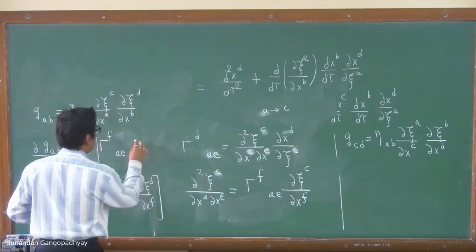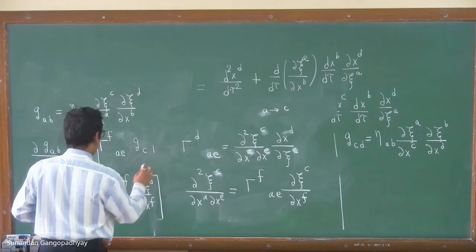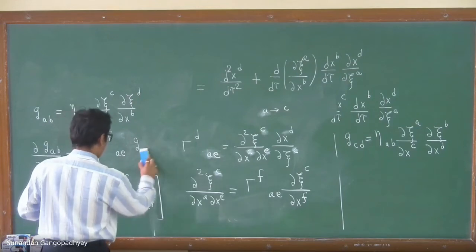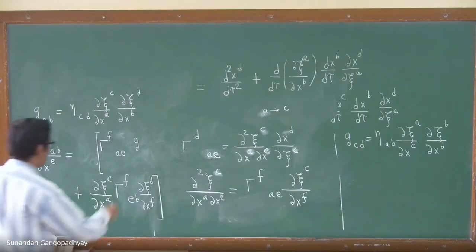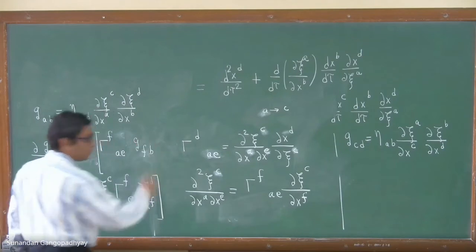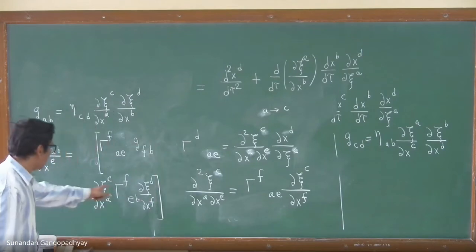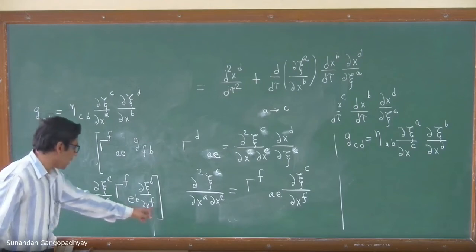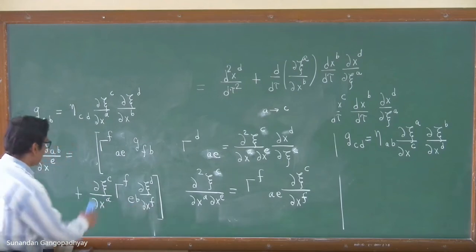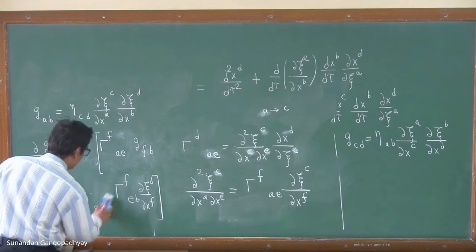What were the three indices? GFP, very good. These were the only three indices. And similarly here also, eta CD are contracted. The three indices are X and A and F. Therefore, that is GFA. Very good.